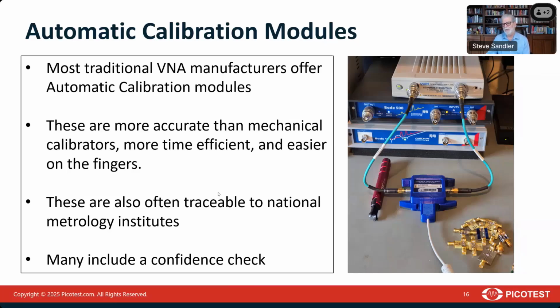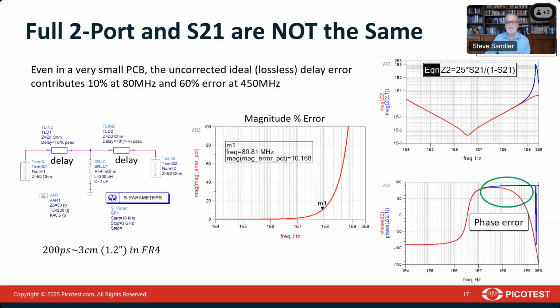A lot of these modules also include measurements that show up in the memory of the vector network analyzer. So it shows your measurement and their measurement just to make sure they agree, and that's supposed to give us higher confidence in the measurement.